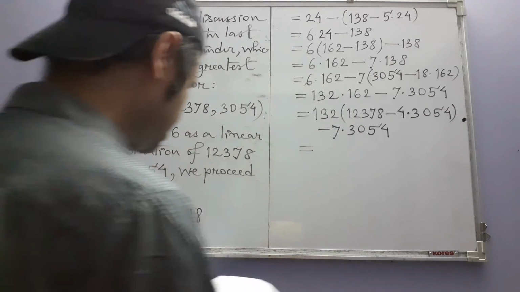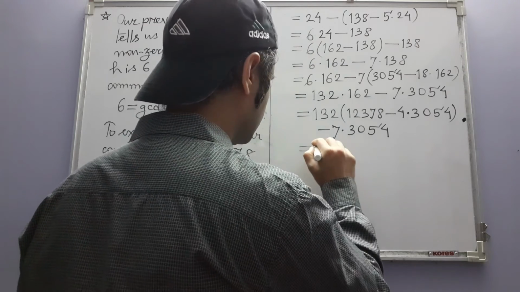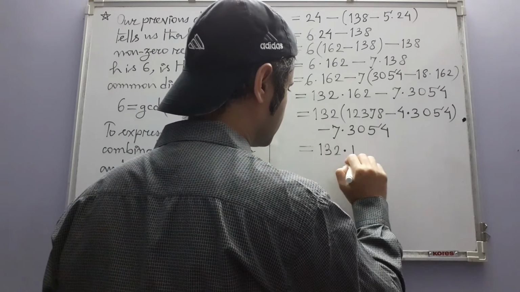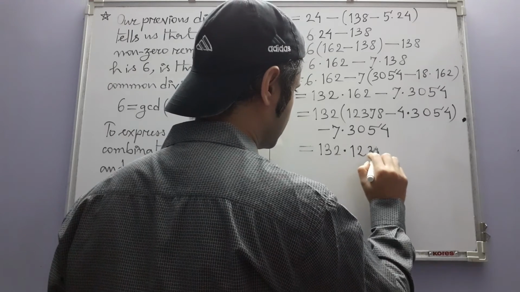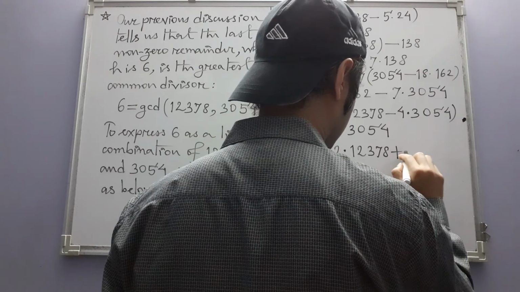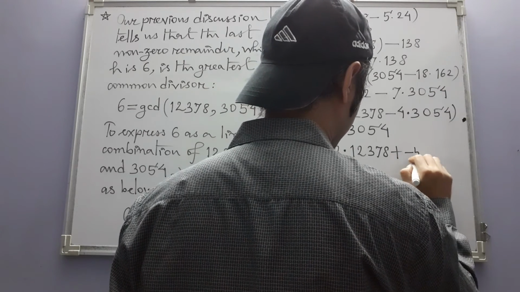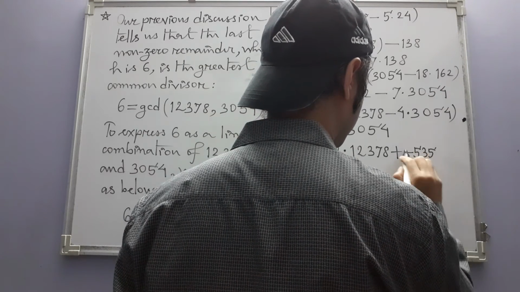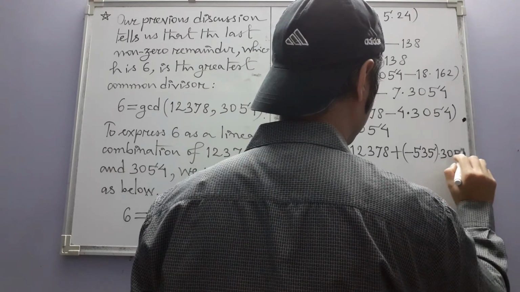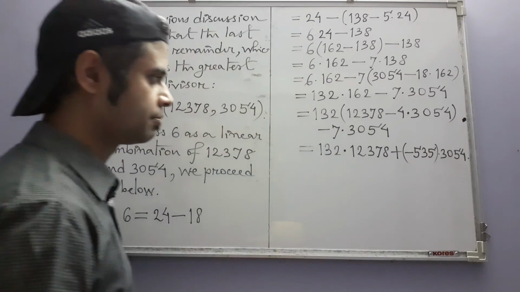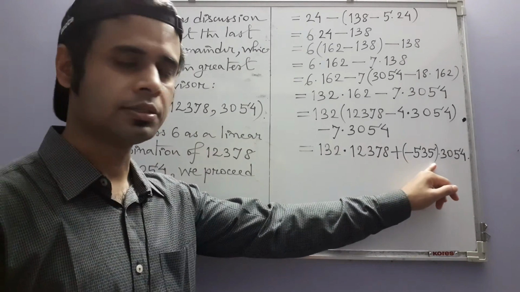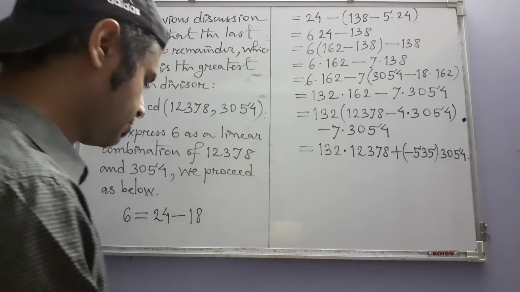So now ultimately it becomes 132 times 12,378 plus minus 535 times 3054. So our x is 132 and y is minus 535.